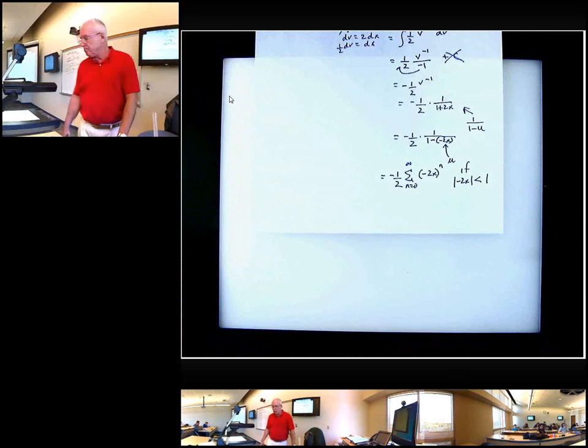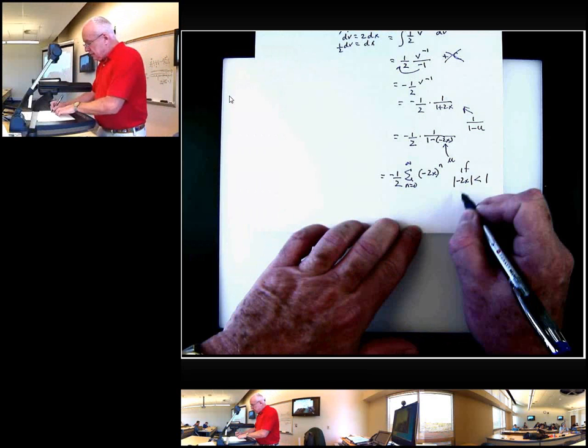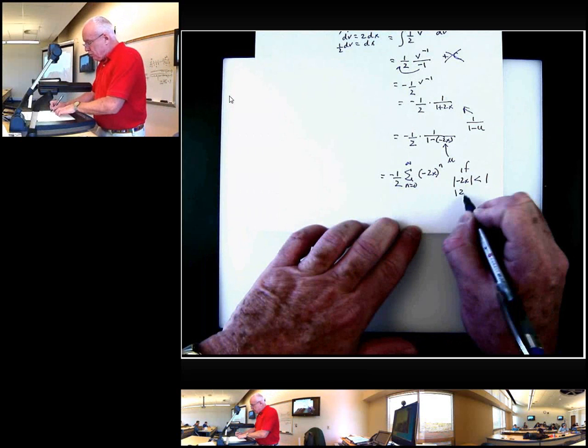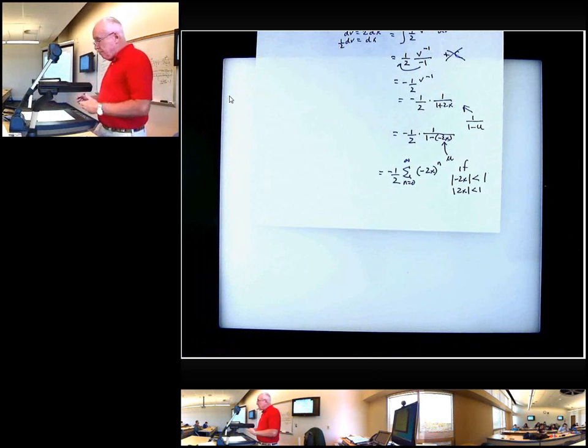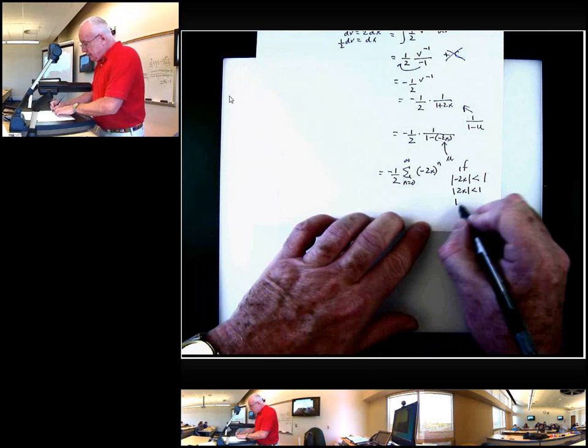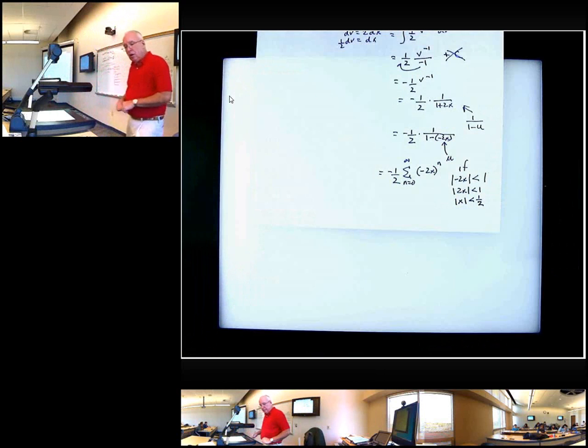Now, what this is going to tell us is that the absolute value of 2x has to be less than 1. And so if I divide both sides by 2, this means that the absolute value of x has to be less than 1/2.